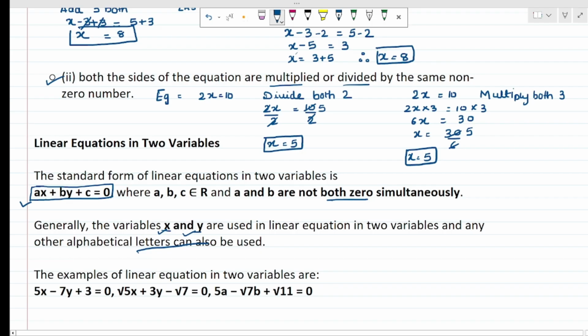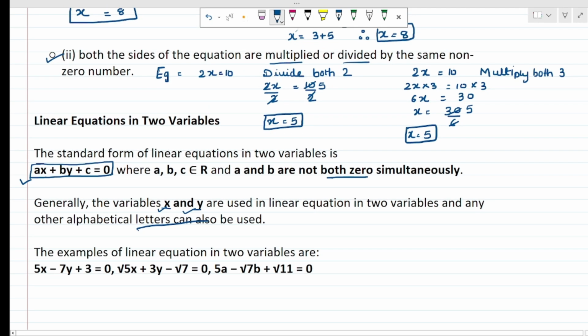See, these example equations are given in standard form. So, if the question asks, convert them into standard form. So, for example, my first example is 5x minus 7y plus 3. That means this is already in standard form. If it is asked what is your A, what is your B and what is your C, what will you answer?